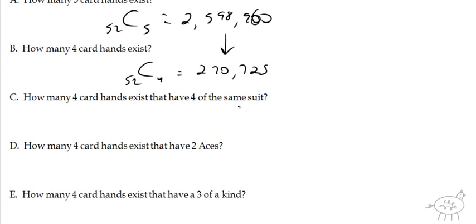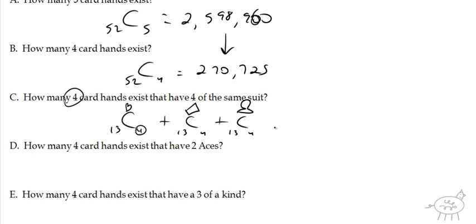Okay, C. How many 4-card hands exist that have 4 of the same suit? So what you're doing is, first of all, it's 13 in a suit, and you're picking 4. Let's just say this one is 4 hearts, and then you need one for diamonds, and one, so 13C4 for spades, and then 13C4 for clubs.